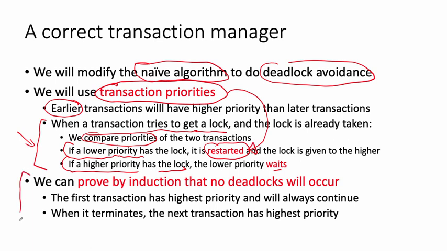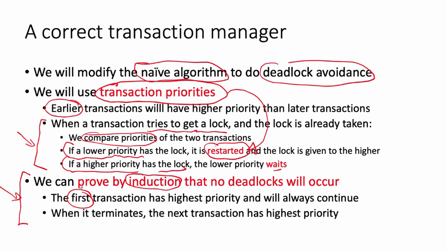We can prove now that this approach will avoid all the deadlocks. We prove by induction on the order of transaction creation. The very first transaction in the system, of course, has highest priority, nobody can stop it.